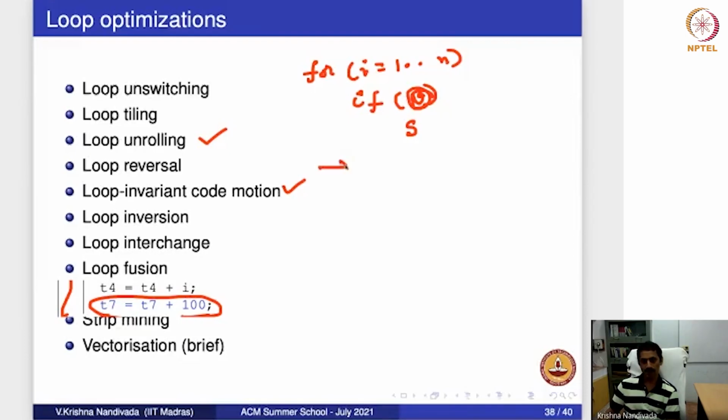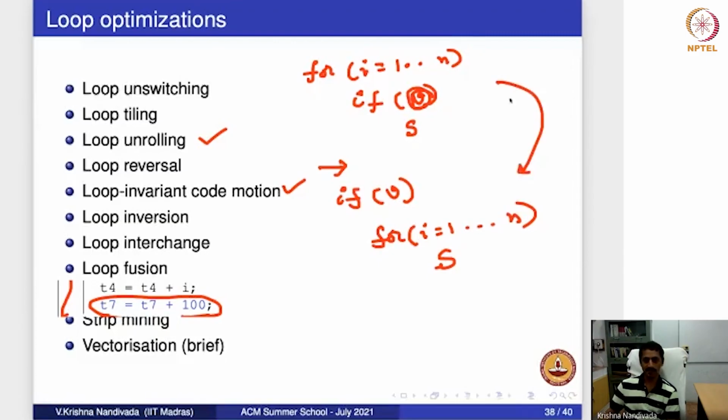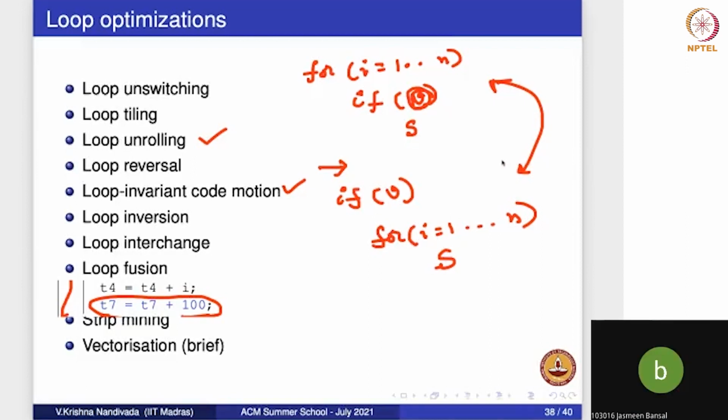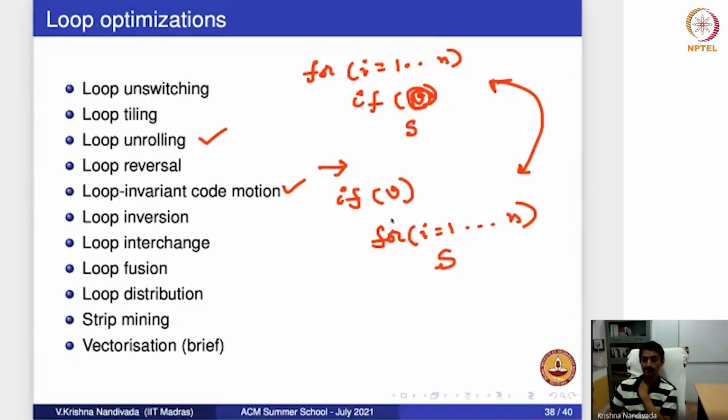I can take this code and replace it with if V. What's the difference between this and this in terms of performance? Anyone? The condition is only executed once, right? So this is far better, far improved code than this.